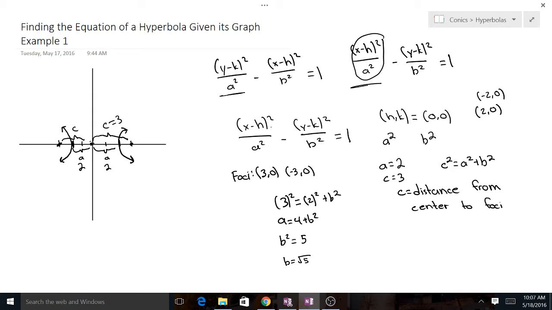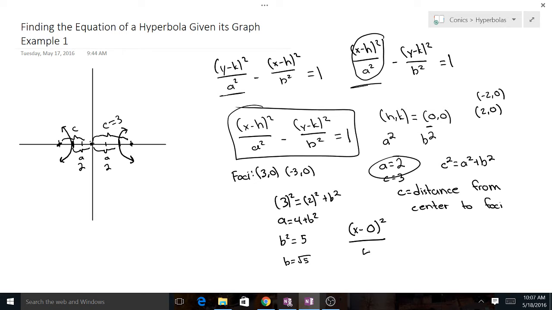Okay, I think we have everything we need to get our final equation. So let's write out what we have. We've got x minus h, and h is 0, so x minus 0 squared over a squared, which we figured out is 2, so a squared is 4, minus y minus 0, because k is 0, squared over b squared, which we just figured out was the square root of 5 squared, which is going to be 5, equals 1.